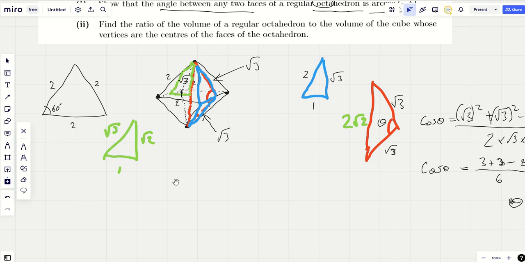I've got to draw a cube inscribed inside my octahedron, such that it hits the median of every face. What I mean by that is it hits the middle of an equilateral triangle. Every equilateral triangle has a middle, where you draw this lovely, I was a big fan of Back to the Future when I was younger, but this looks like the flux capacitor to me in that film.